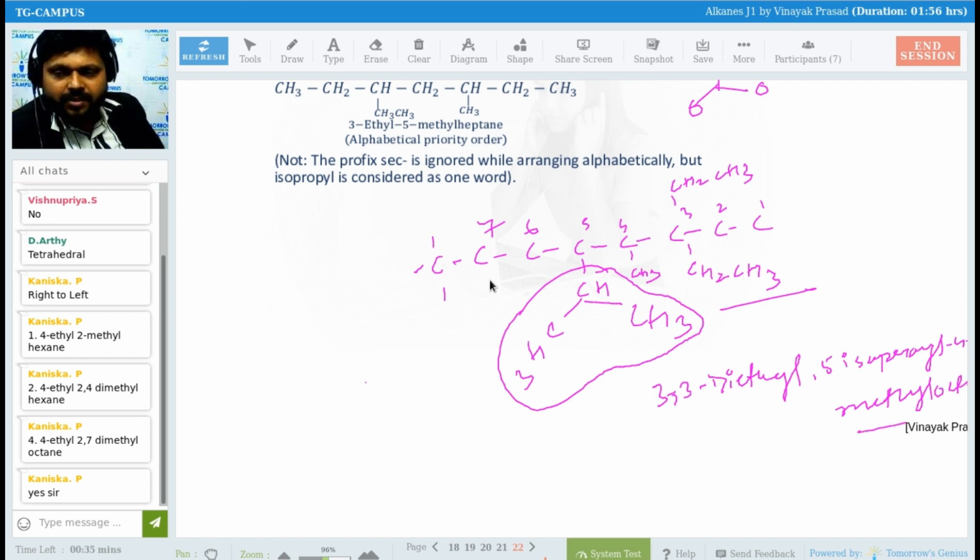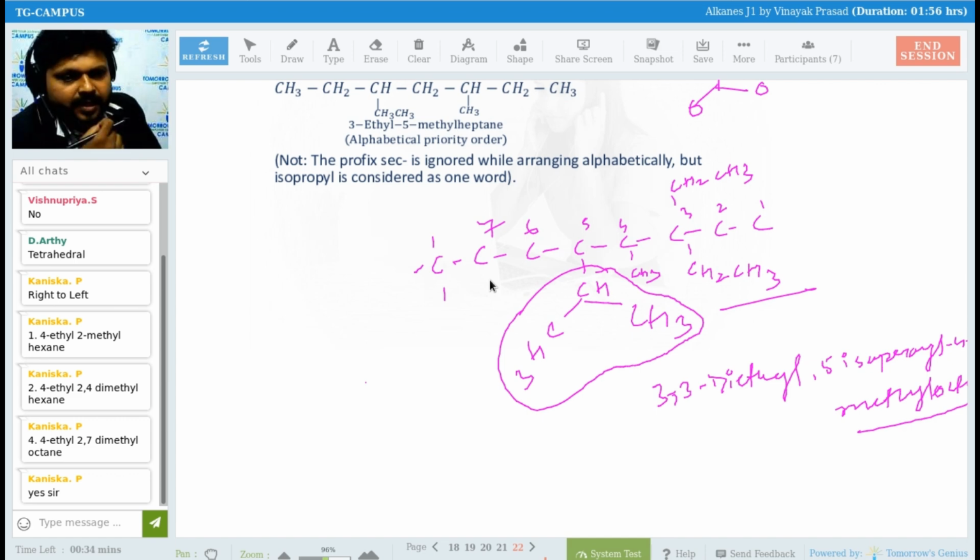And remember guys, you always have to write methyl and octane joined together. There will be no gap between the methyl and octane. Got my point? So 3,3 diethyl, 5 isopropyl, 4 methyl octane.